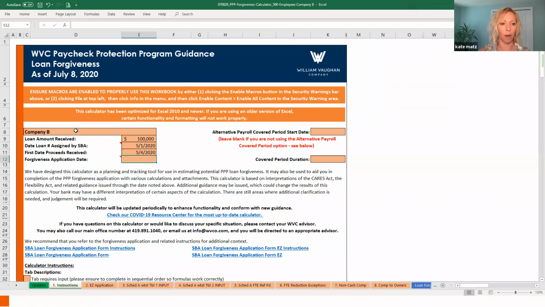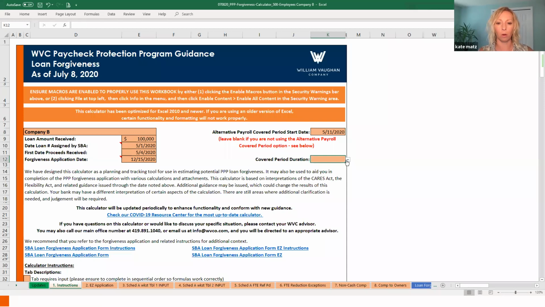We said in our facts that they got their loan on 5/4. They're also estimating 12/15 as their forgiveness application date. Now, company B, since they have employees, would like to use this alternative payroll covered period. It's going to make it a little bit easier for them to pull the reports to line it up with their covered period. So we'll say that the first day of their alternative payroll covered period is going to be 5/11.